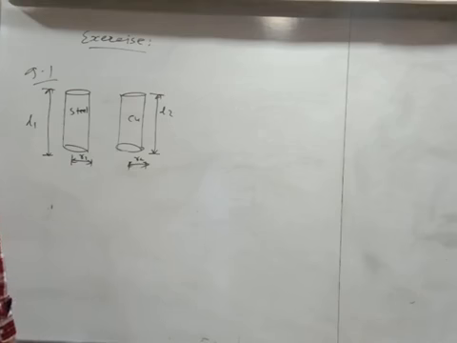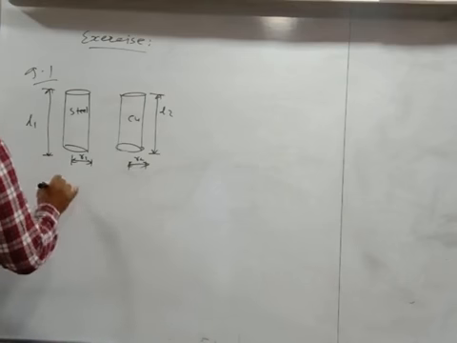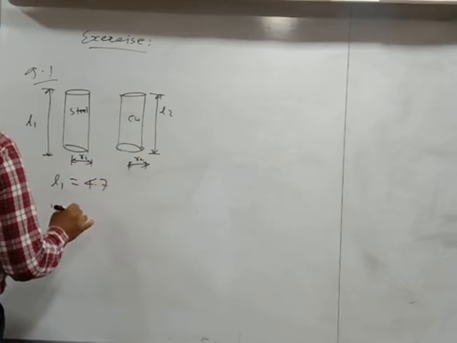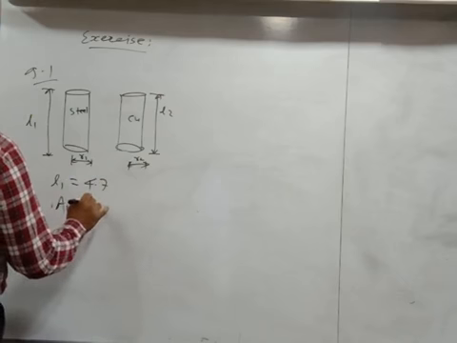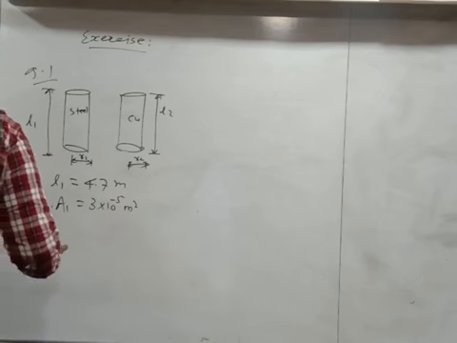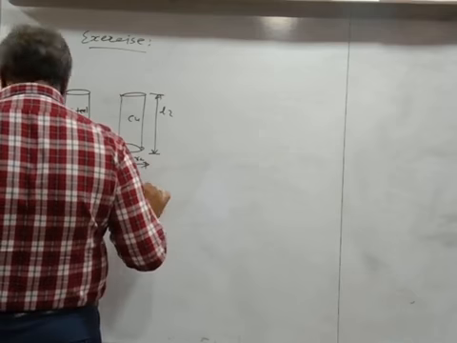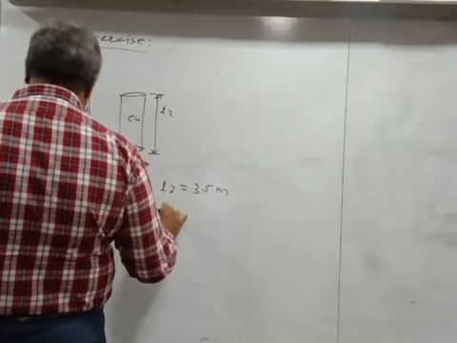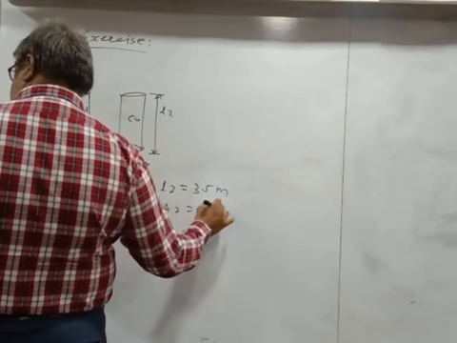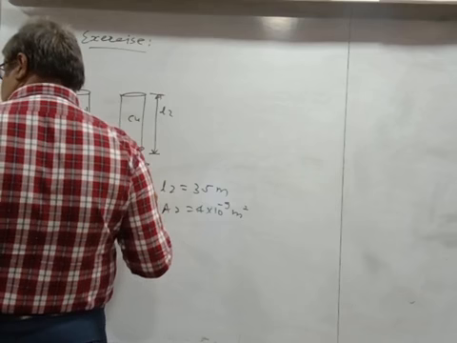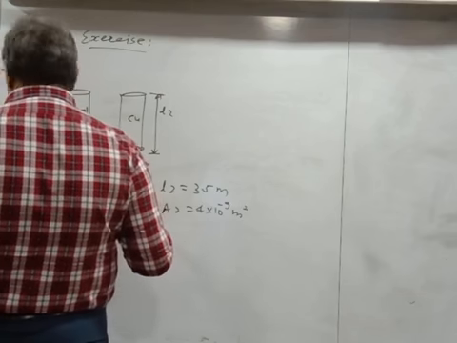Now they have given us L1 is equal to 4.7 and cross-sectional area A1 is 3 into 10 raised to minus 5 meter square, and L2 is 3.5 meter and cross-sectional area 4 into 10 raised to minus 5 meter square. What is the ratio of Young's modulus of steel to that of copper?